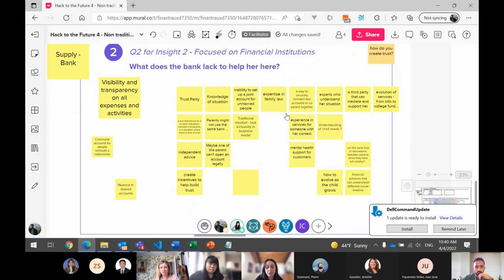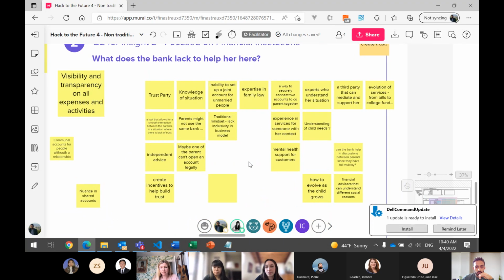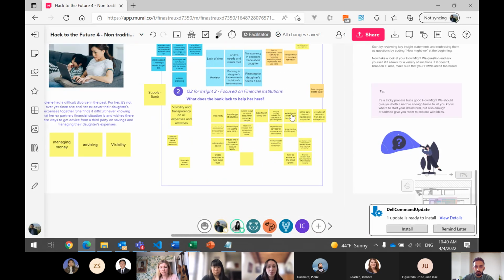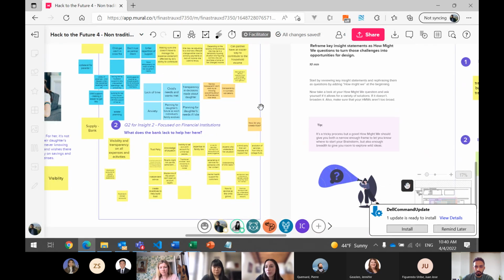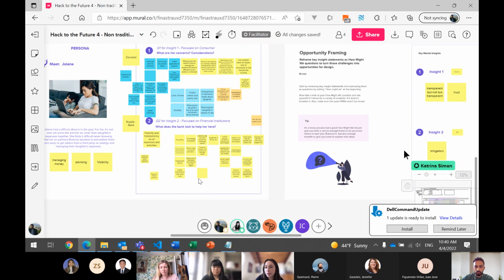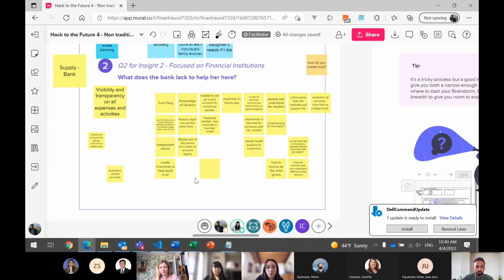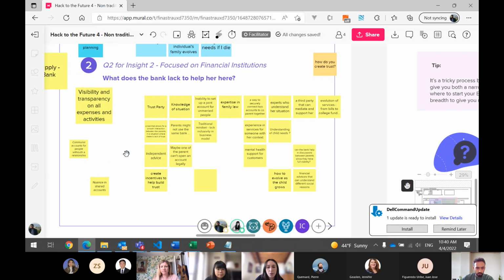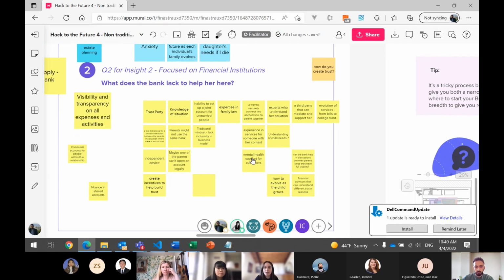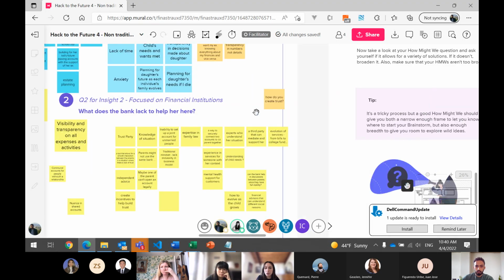I think that's a great point. But before we move on to the second insight, we started to take a stab at thinking about how we could put these insights into a problem statement that we could then solve for.